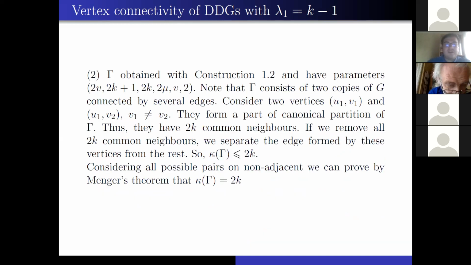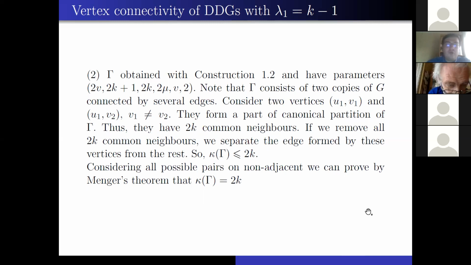So the second case is gamma obtained from construction 1.2 and has parameters 2v, 2k plus 1, 2k, 2mu, v, 2. Note that gamma consists of two copies of G connected by several edges. Consider two vertices (u1, v1) and (u1, v2), where v1 does not equal v2. They form a part of the canonical partition of gamma. Thus, they have exactly 2k common neighbors.